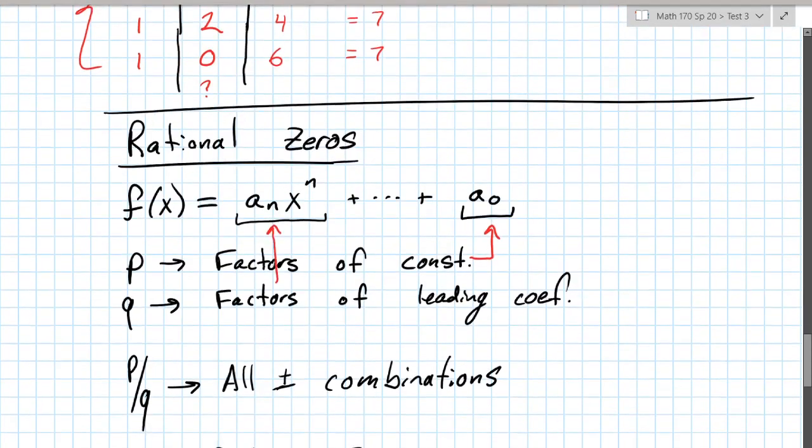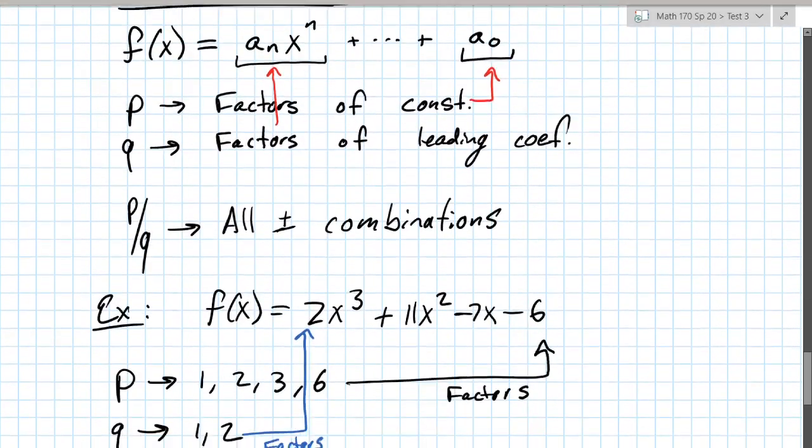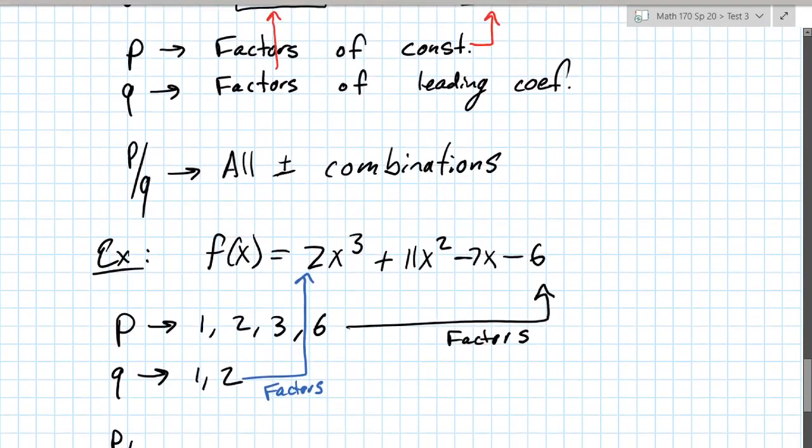And what we do is we take the division p divided by q of all plus or minus combinations of these factors. So if we have the polynomial 2x cubed plus 11x squared minus 7x minus 6, we want to find some good options for numbers to try.